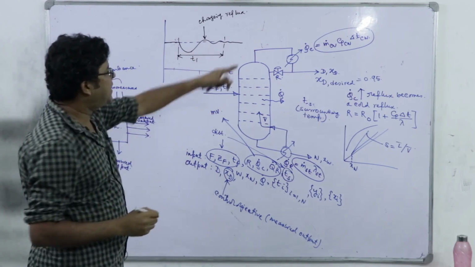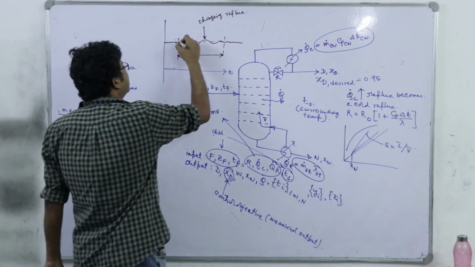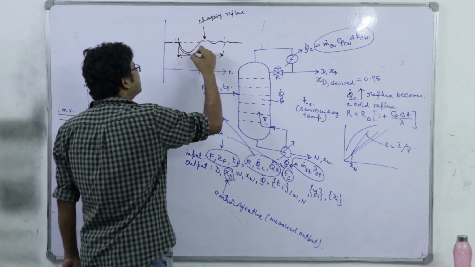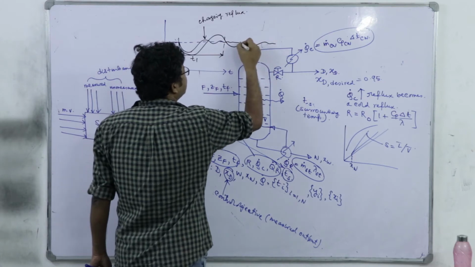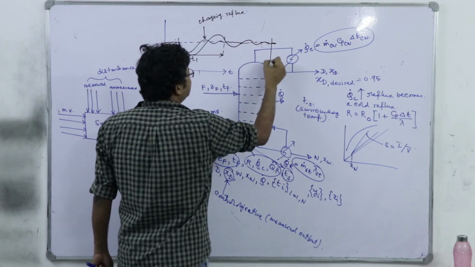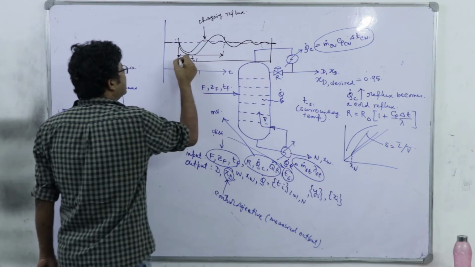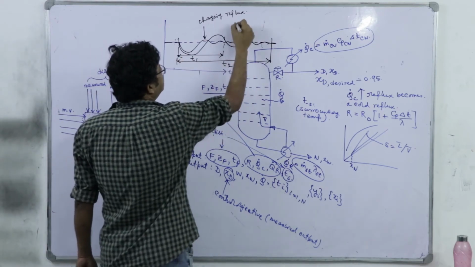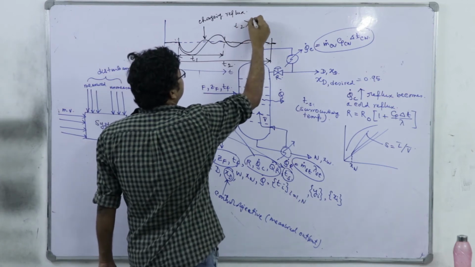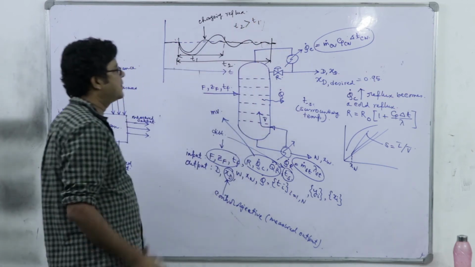However, if I change Q̇C, it may be something like this. So the time required for XD to settle down to its desired value is T2, and T2 is higher than T1, right.